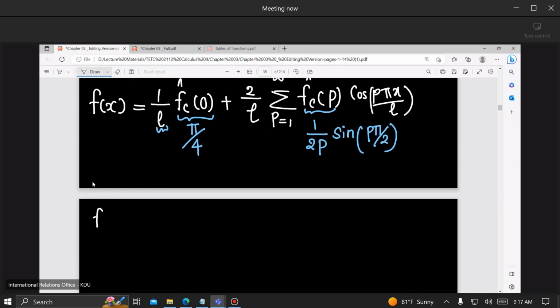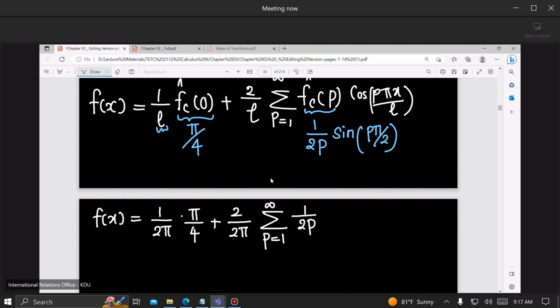So let's obtain the answer. We can write f of x is equal to, L is 2 5, 1 over 2 5 times 5 over 4 plus 2 over 2 5 summation from p is equal to 1 to infinity 1 over 2p sine p5 over 2.